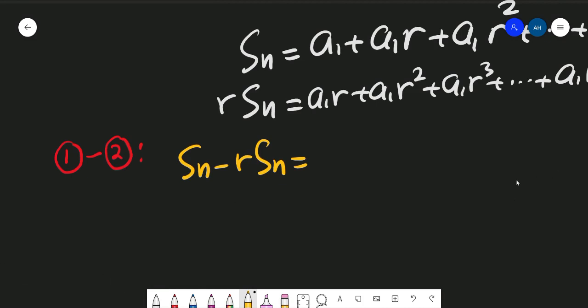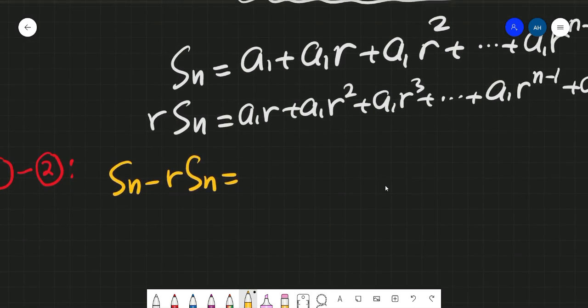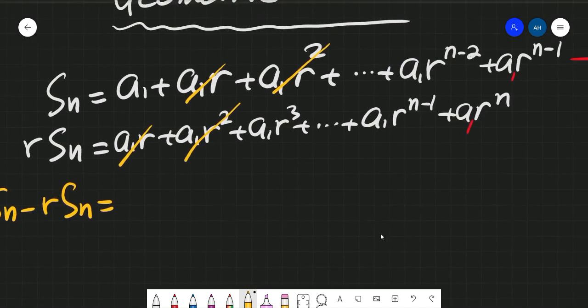As we explained in the previous derivation of the formula, because we are doing subtraction, if we have the same term we can cancel it. We can cancel a1 because it appears also in equation number 2. In equation number 1 we have a1 r square, and we have a1 r square also there. The a1 r cubed term also appears, and all the terms in between will cancel.